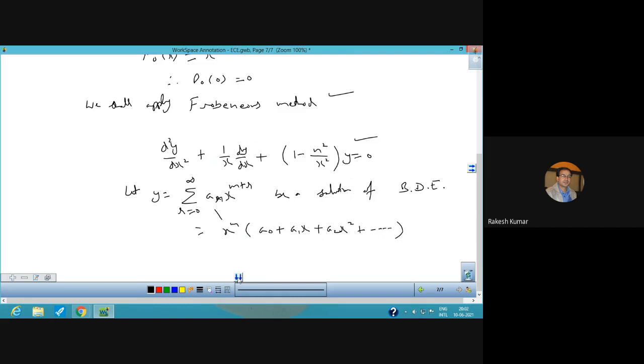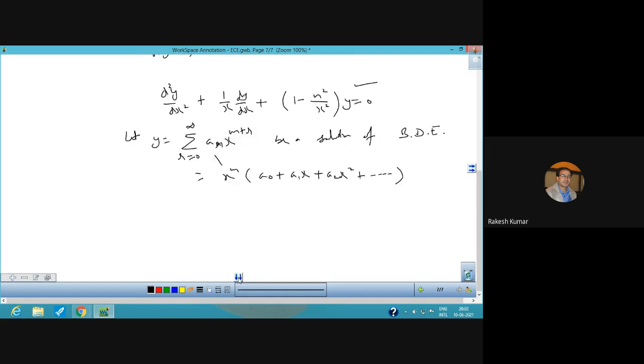Now you can easily find out the derivatives. The derivative of y, because we require to put, so that is summation a r into m plus r x raised to power m plus r minus 1. Y double dash is summation a r m plus r into m plus r minus 1 x raised to power m plus r minus 2.